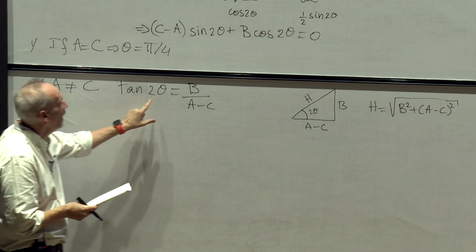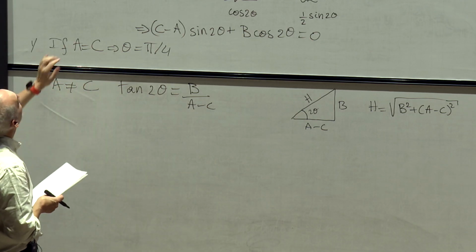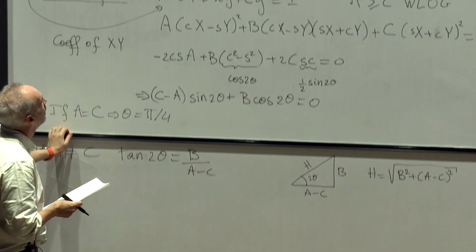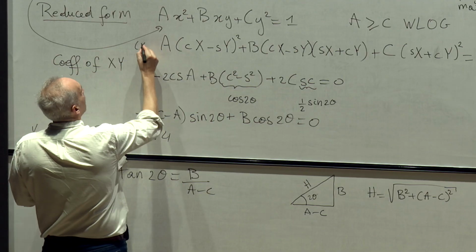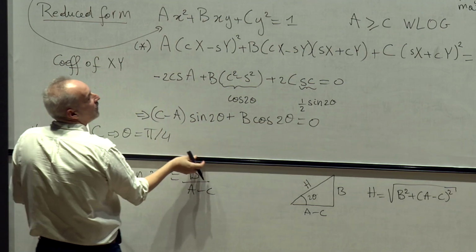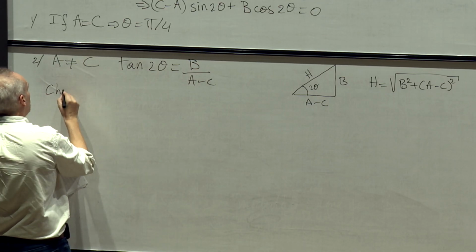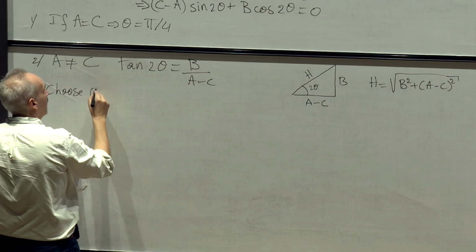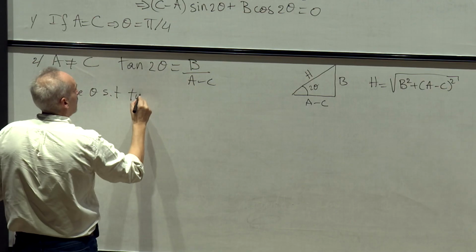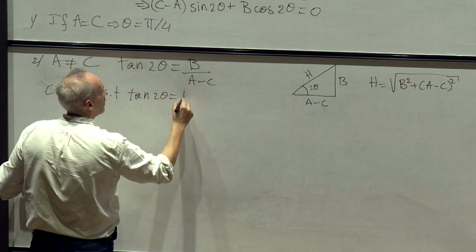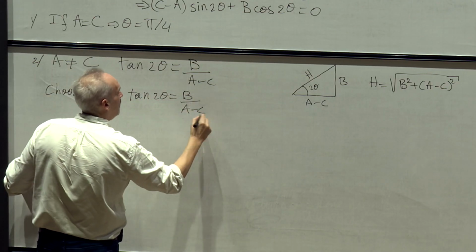So I choose this angle, and now I can go back here, star, and simplify that whole thing. So choose theta such that tangent 2 theta equals b over a minus c.